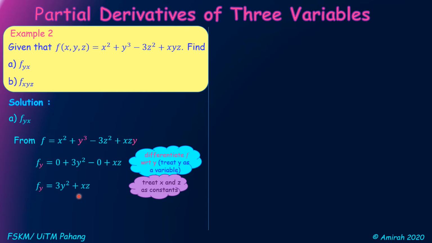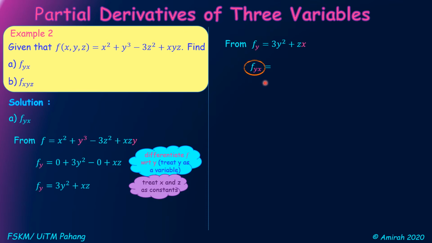So after we find fy, now we can find fyx. To find fyx, we differentiate from fy. So from fy equals 3y squared plus xz here. Since now we want to differentiate for fyx, we put variable x at the back.